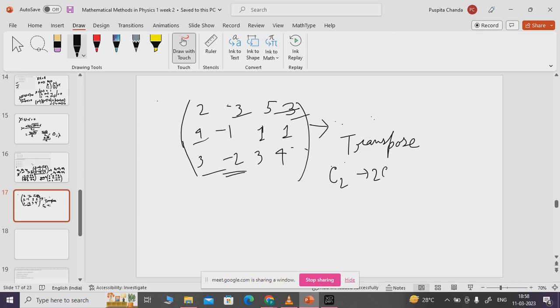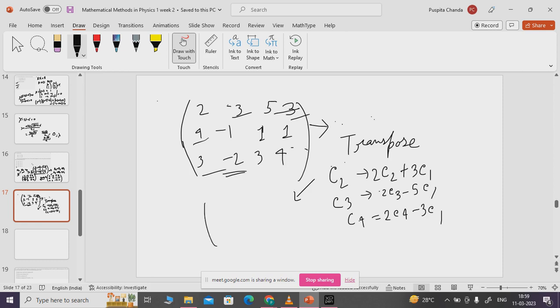Then C2 will be 2 into C2 plus 3 into C1. C3 will be 2 into C3 minus 5 into C1. C4 will be 2 into C4 minus 3 into C1.